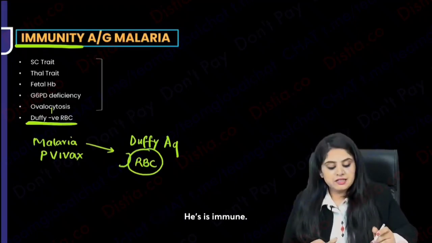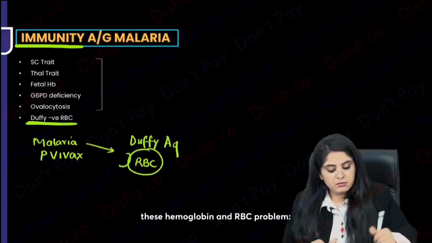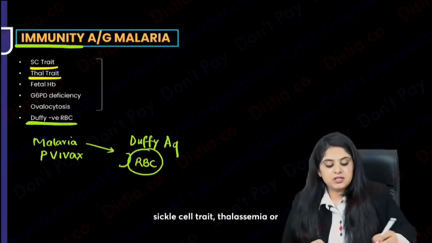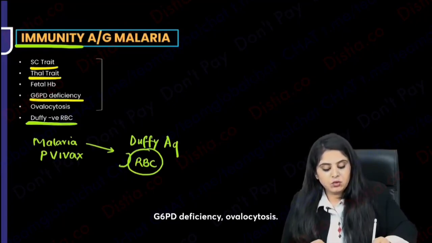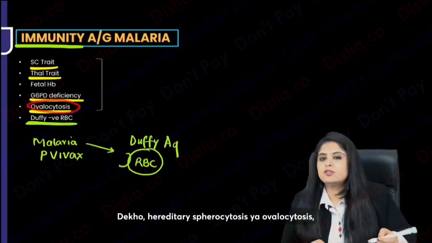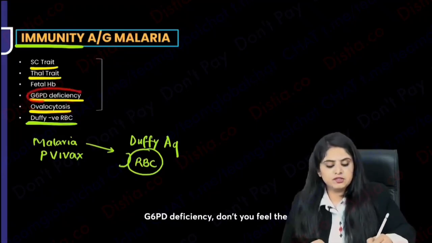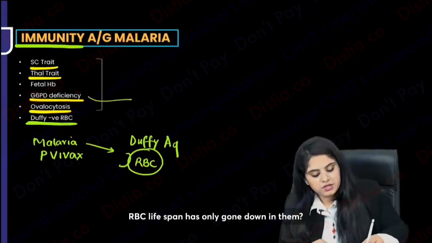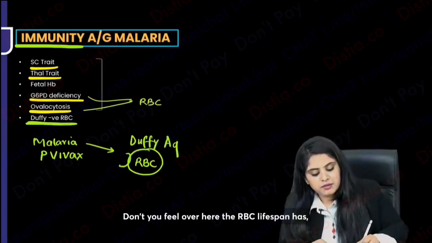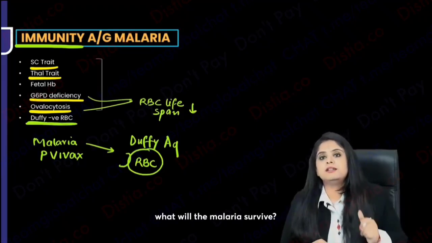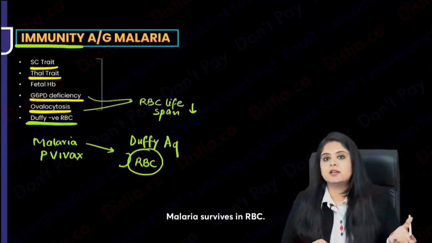He's immune. Secondly, if you talk about all these hemoglobin and RBC problems, sickle cell trait, thalassemia, or G6PD deficiency, ovalocytosis, hereditary spherocytosis, don't you feel the RBC lifespan has overall gone down in them? Now, when the RBC will not survive, how will the malaria survive? Malaria survives in RBC.